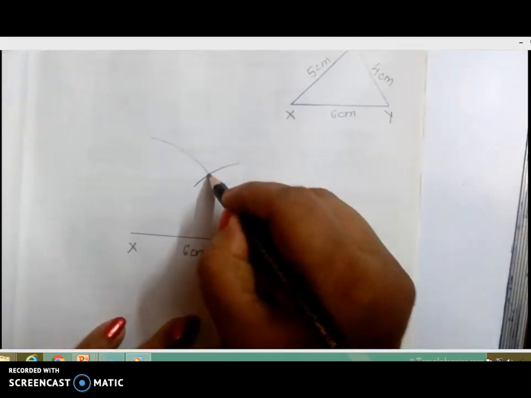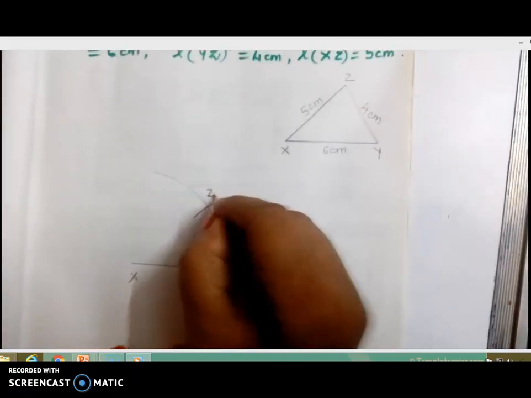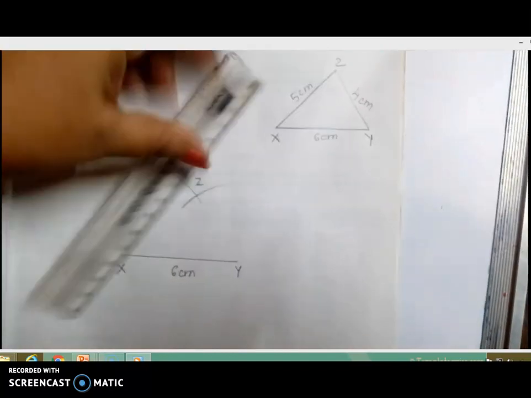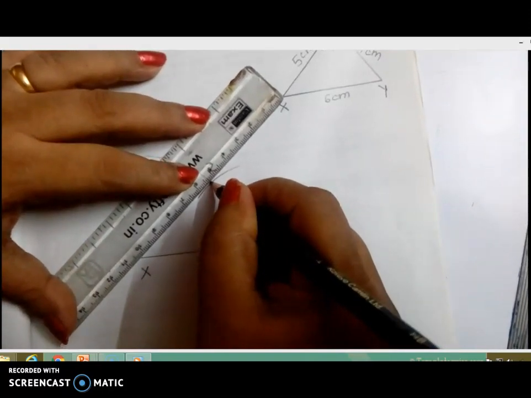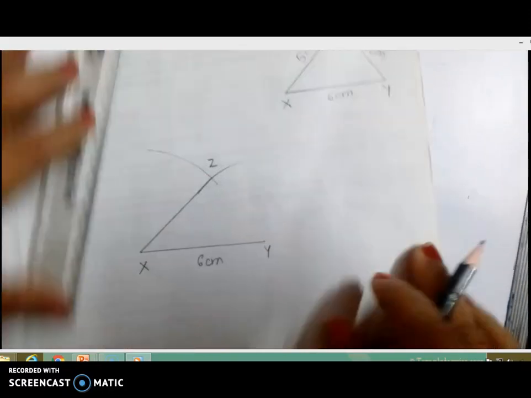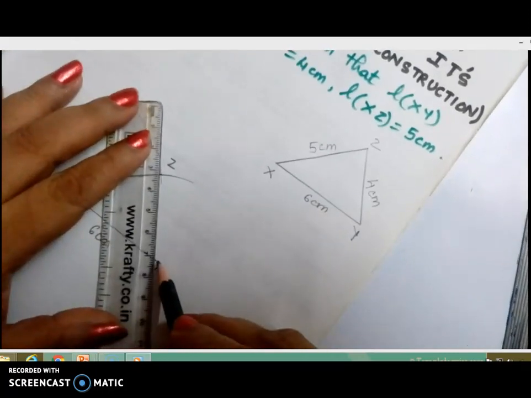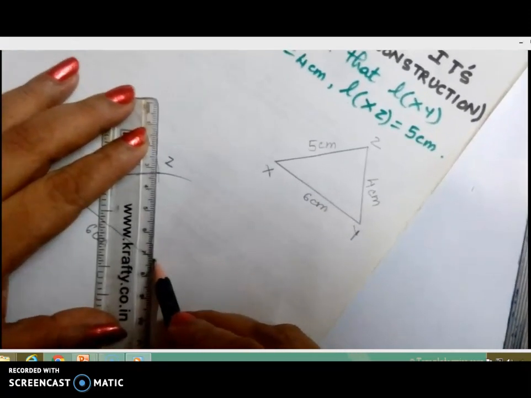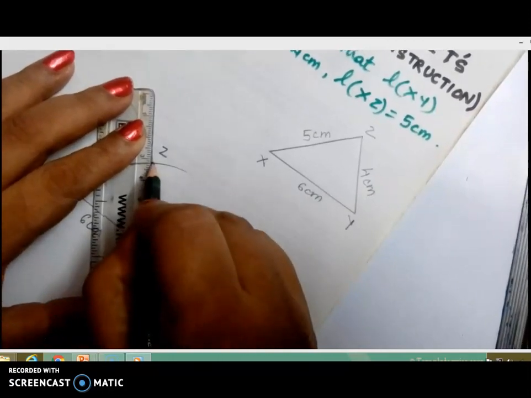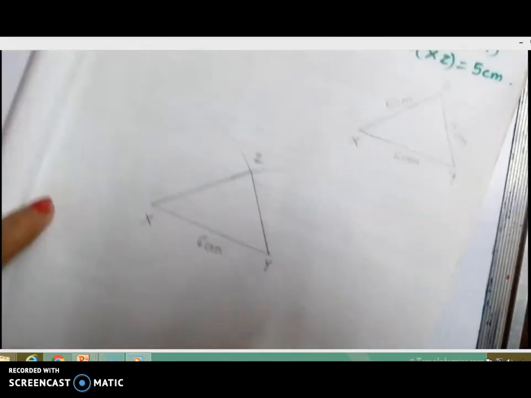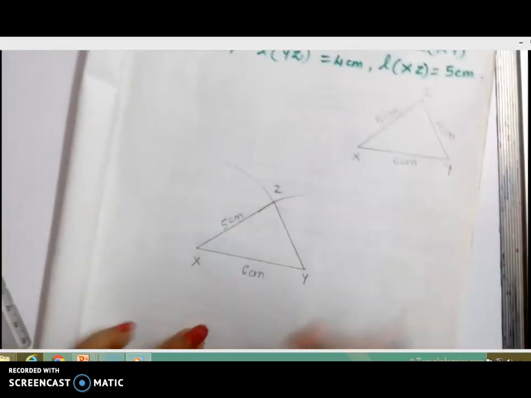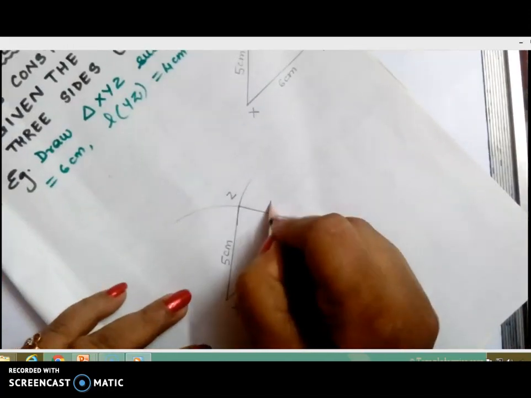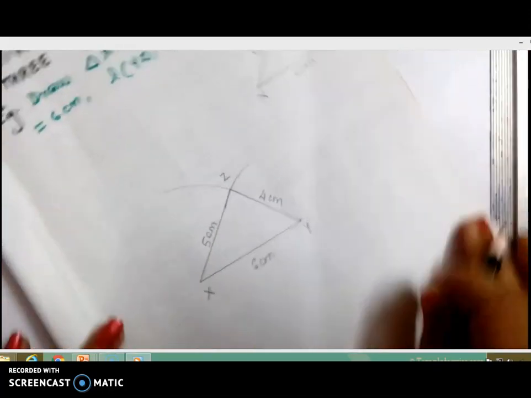So the point of intersection of these arcs is the point Z. And now we will join XZ and we will join YZ. We will write the lengths of the sides. XZ measures 5 cm and YZ measures 4 cm. So that completes our construction.